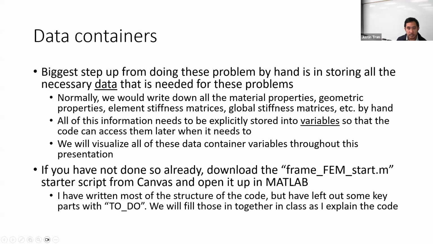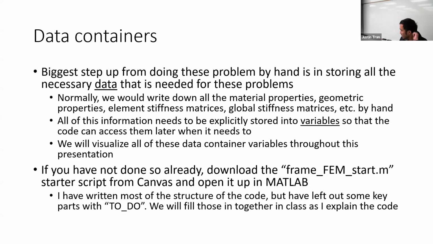But first, let's talk about this first. The main thing that you always need to remember when you're writing this code is to always be aware of your variables and your data containers. Think about the way that you solve these problems by hand, right? You're writing all these matrices down. Essentially, every time you compute a matrix, you're storing that as a variable that you're going to use later on.